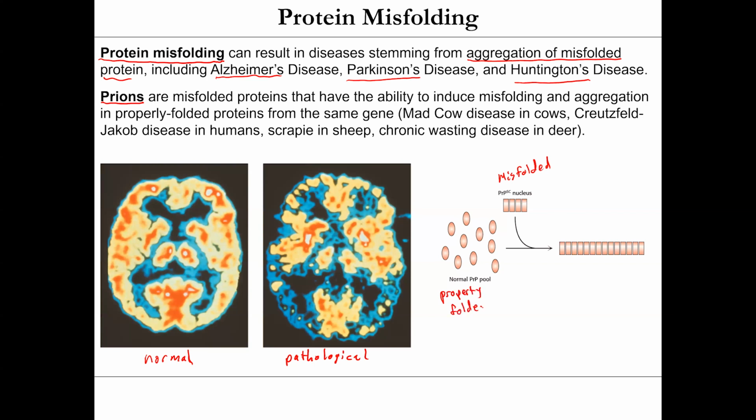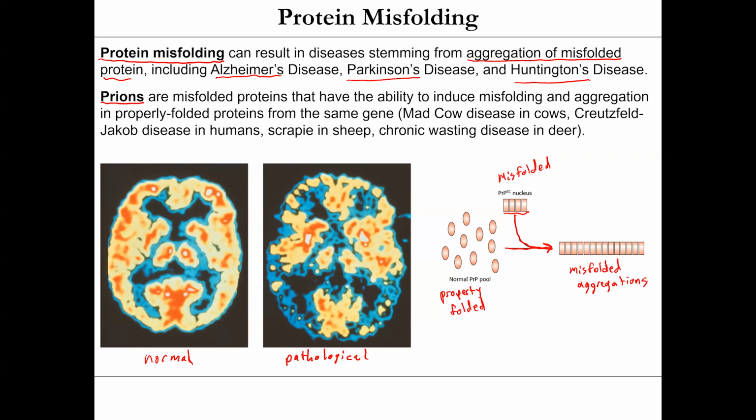They're properly folded, but if you introduce the same protein that's a bit misfolded, it can cause misfolding in those properly folded proteins and cause the same type of aggregations in your brain as in Alzheimer's, Parkinson's, and Huntington's disease.